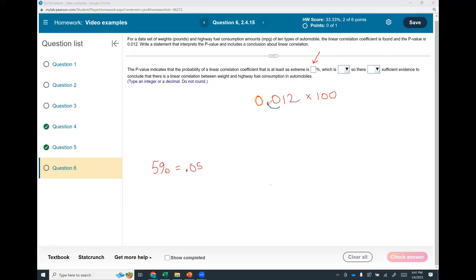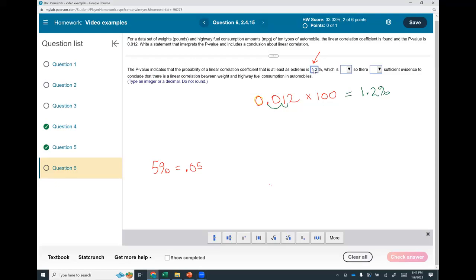This is times 10 times 100. So this equals 1.2%. Okay. So I'm going to put in here 1.2, which is low, right?